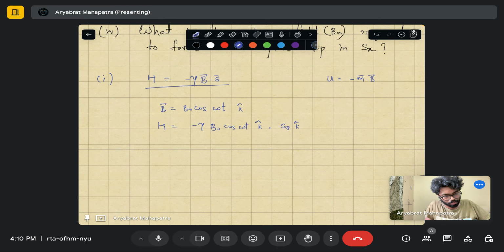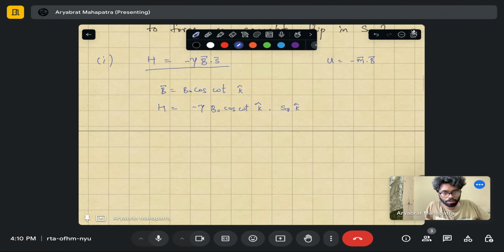It is not really specified along where the spin of that electron is pointing. It can be in any arbitrary direction.